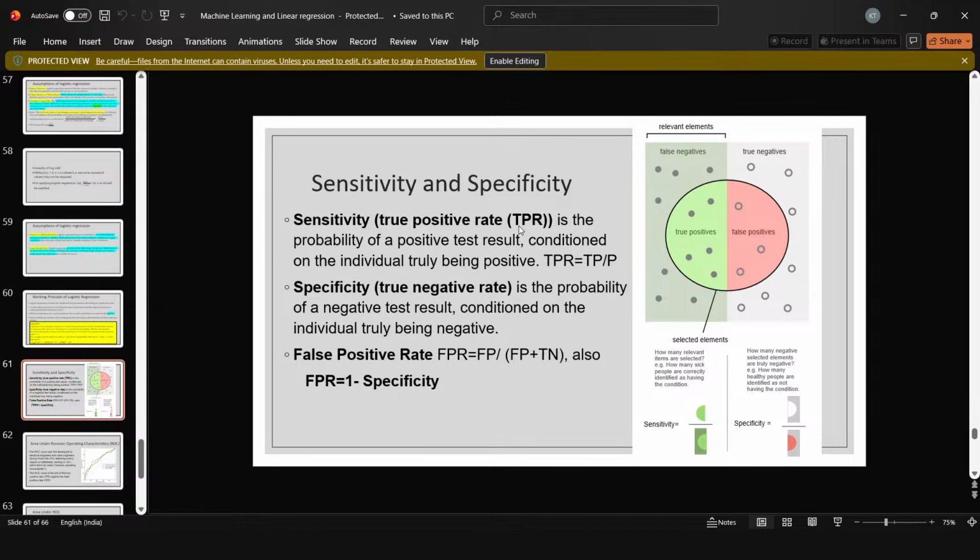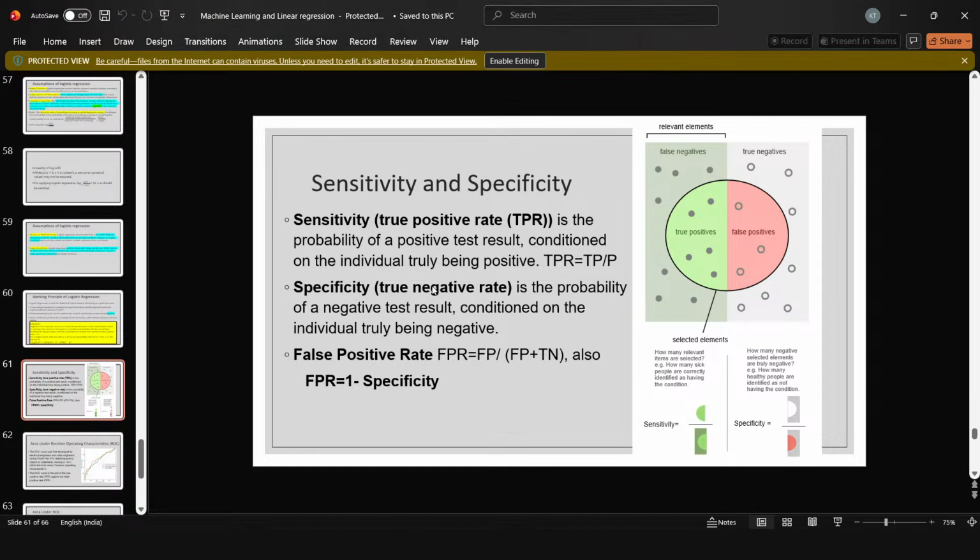Okay, the next one is sensitivity and specificity. Sensitivity is the same as true positive rate, the one we already saw. True positive rate is basically TP by P, where P is TP plus FN. That's what P means.